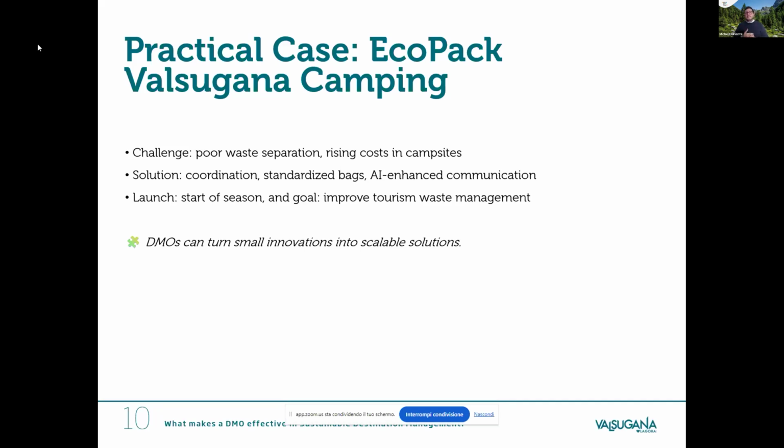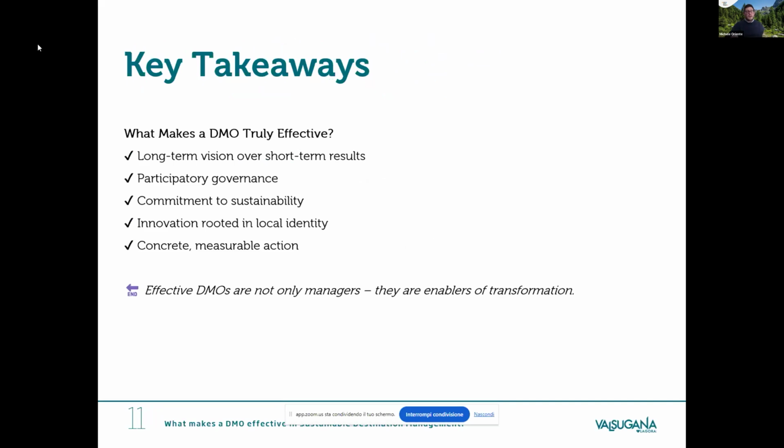So the claim is: a DMO can turn small innovations into scalable solutions. It is very important. So in conclusion, the name of this slide is key takeaways. What makes a DMO truly effective?